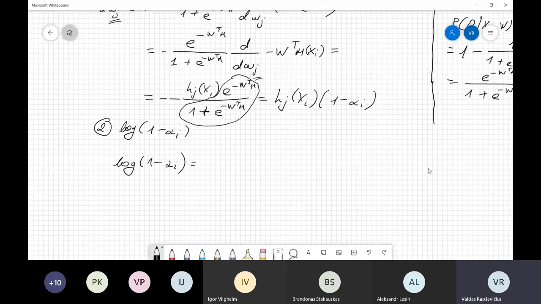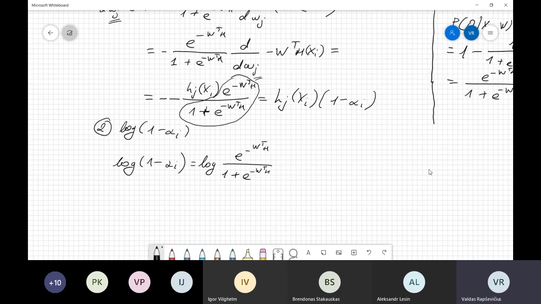So this becomes a log of e to the minus wTh over 1 plus e to the minus wTh.